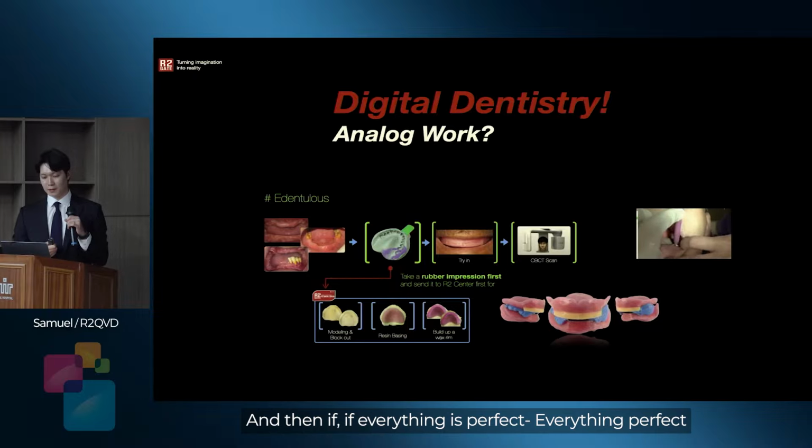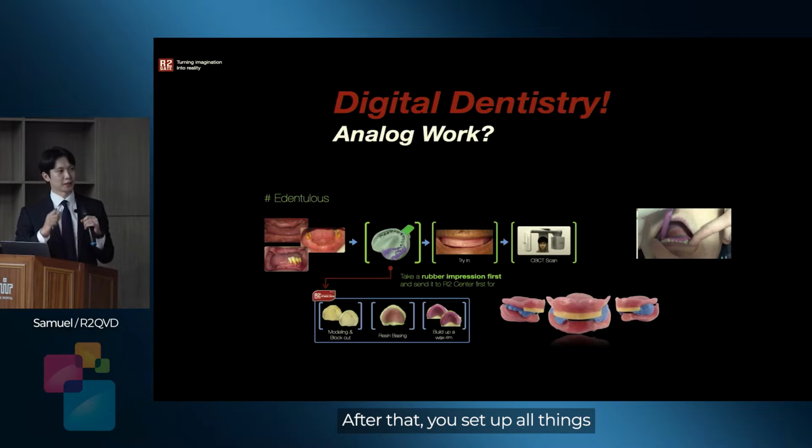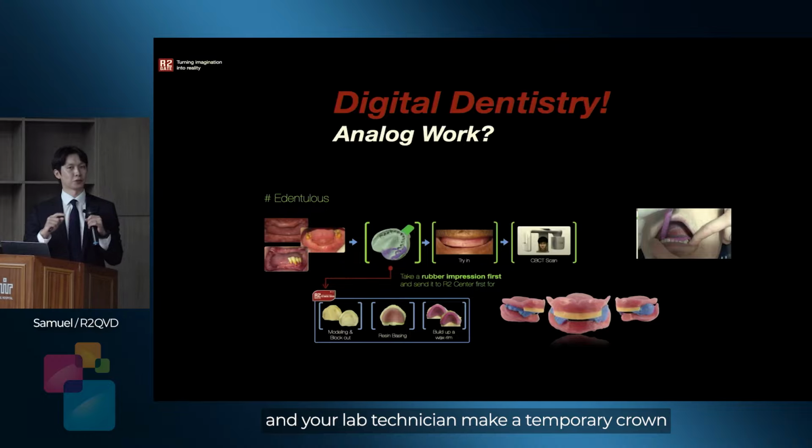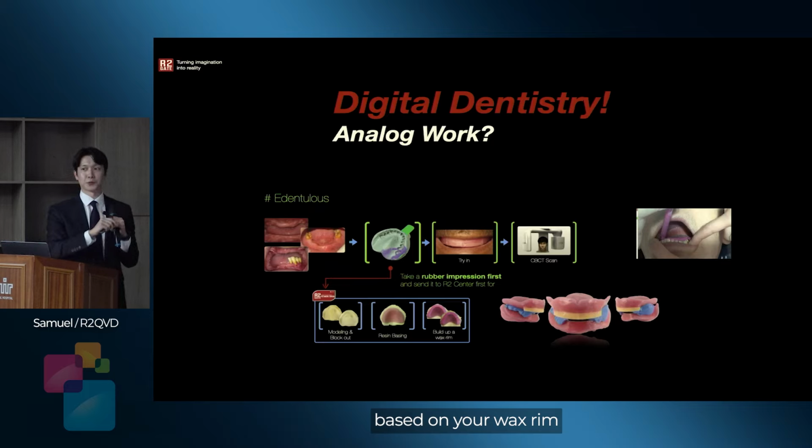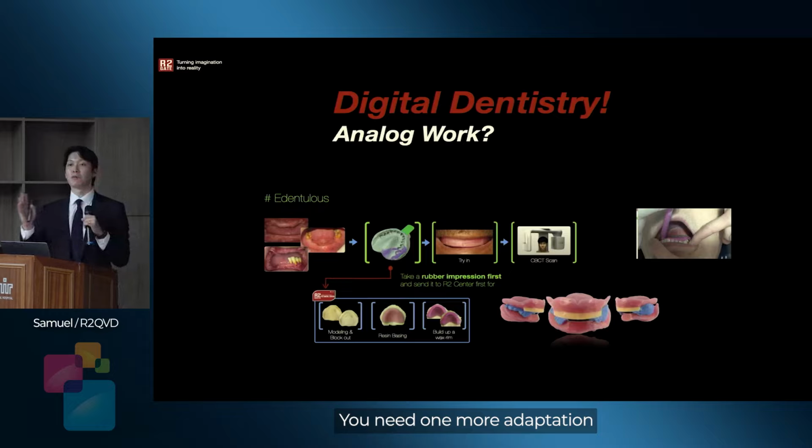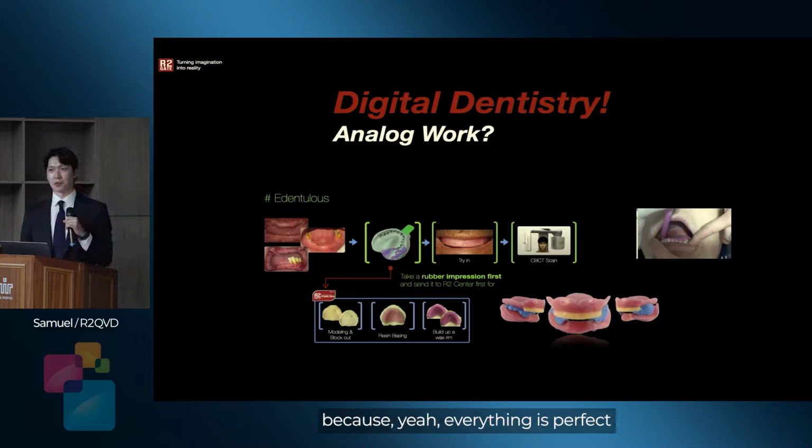And then, if everything is perfect, you set up everything, and your lab technician makes a temporary crown based on your wax rim. You need one more adaptation, because even if everything is perfect, there are so many tolerances.